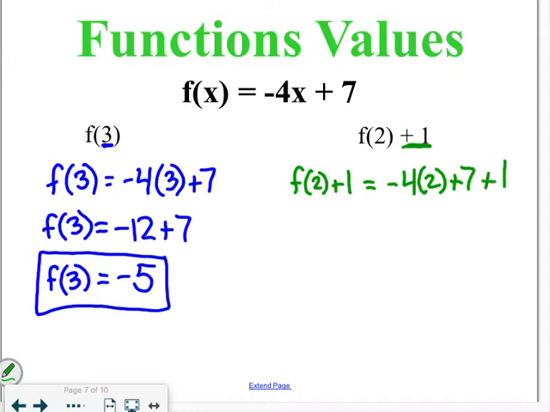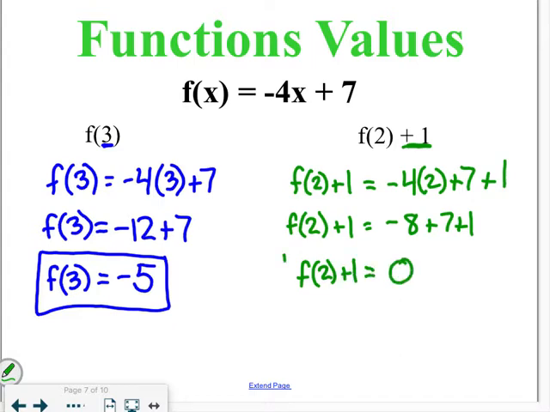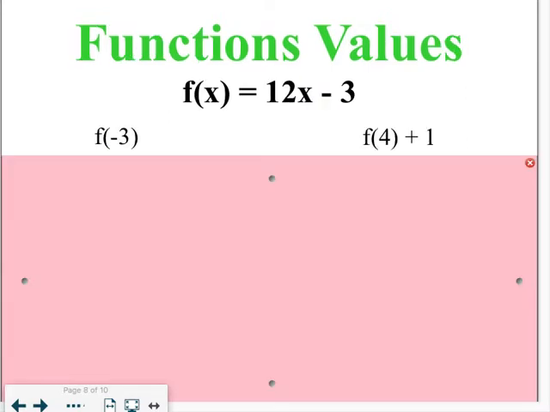So when that extra piece is outside of the parentheses, you still have to add it on the end. So f of 2 plus 1 is equal to negative 8 plus 7 plus 1. Negative 8 plus 7 plus 1 gives us f of 2 plus 1 is equal to 0. So you are just plugging in and following the steps of PEMDAS. Go ahead and try these two on your own.